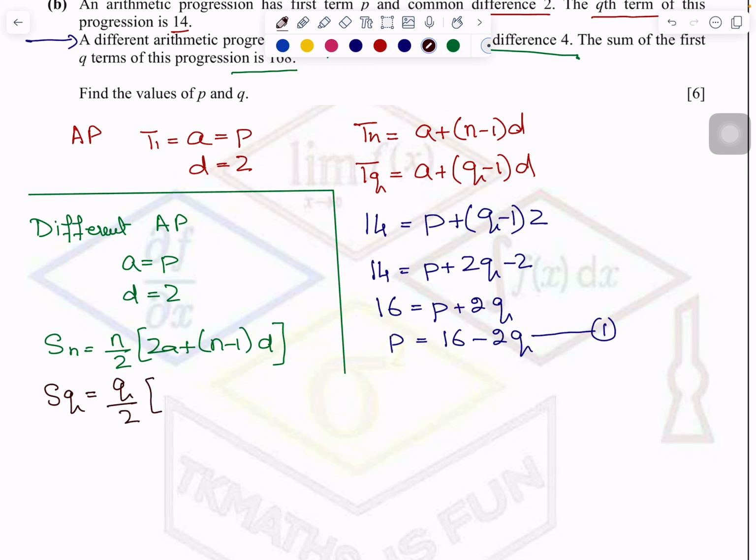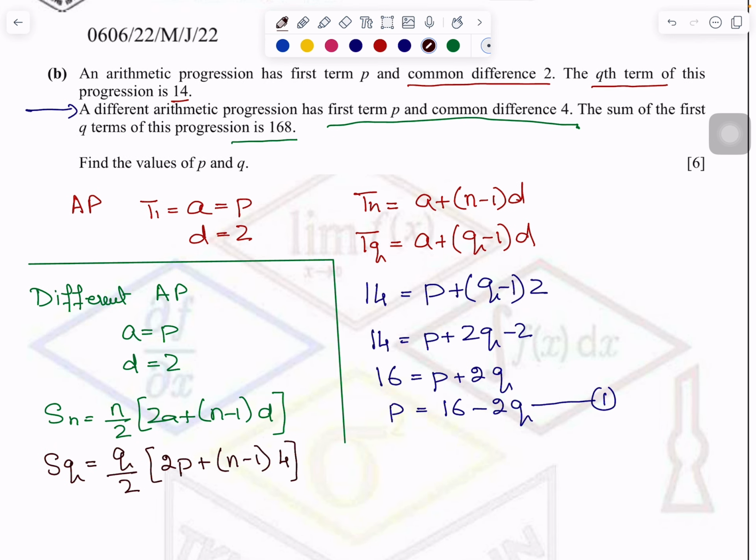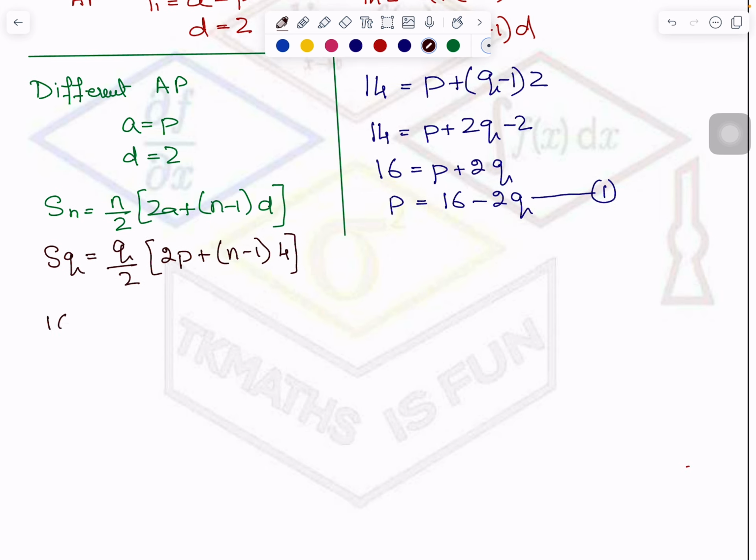And a is p, so I'm writing 2p, and d is 4. Sq is given to you here, 168 in the question, so I will write 168. I will open the bracket: 2p plus 4q minus 4.